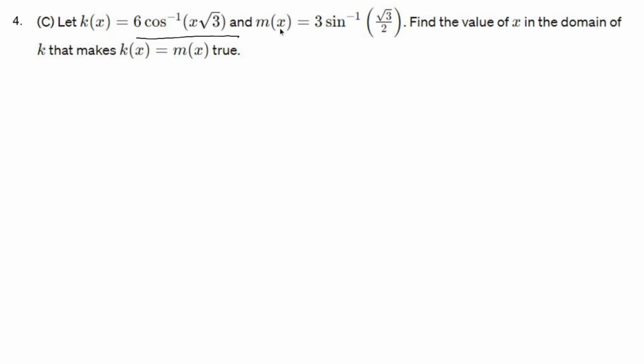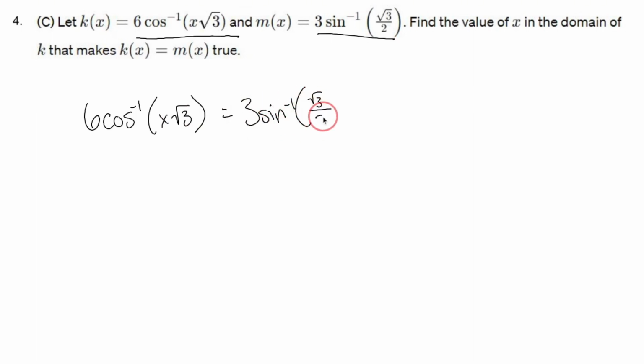Gross. All right, so I've got 6 inverse cosine of x root 3 is equal to 3 inverse sine of root 3 over 2.